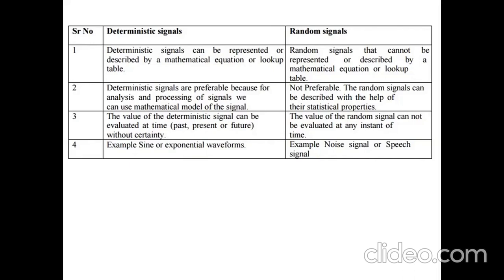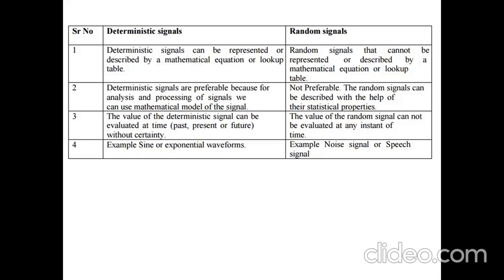The value of a deterministic signal can be evaluated at any time, for example past value, present value or future value, which you can extract without uncertainty. Similarly, the value of a random signal cannot be evaluated at any instant of time.